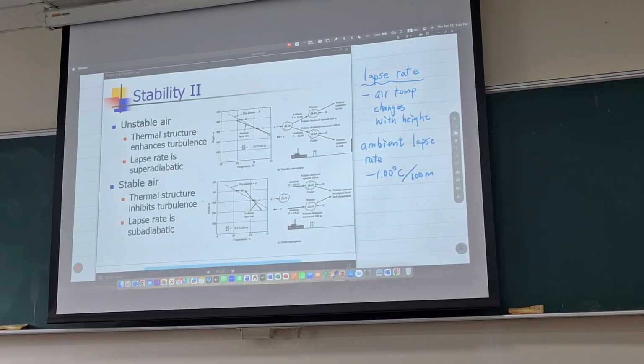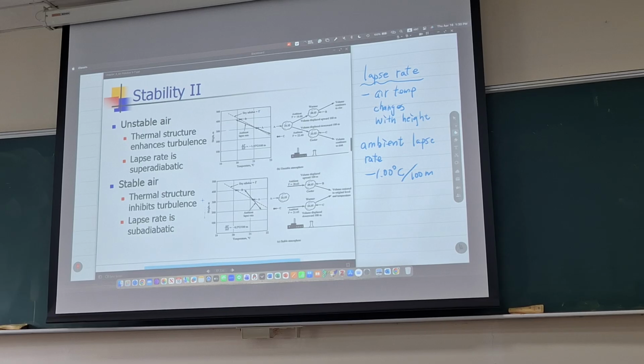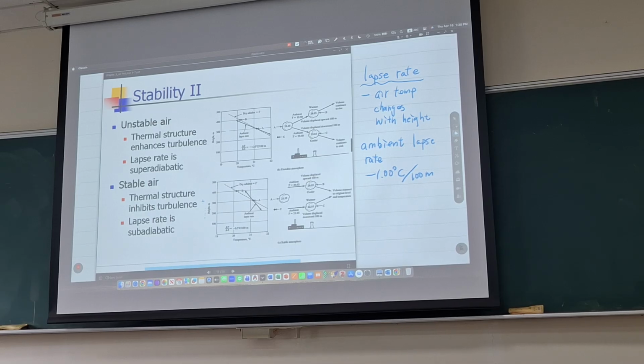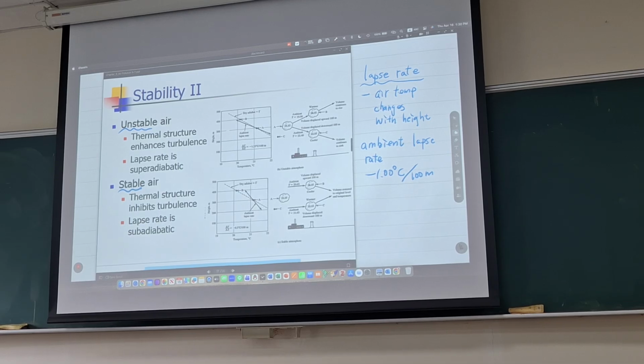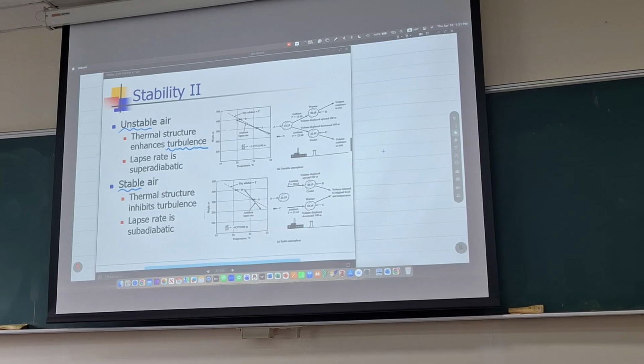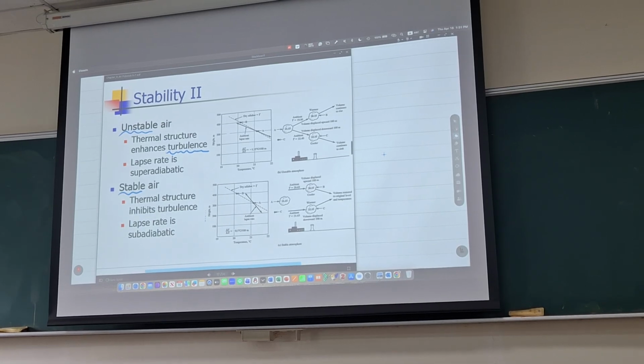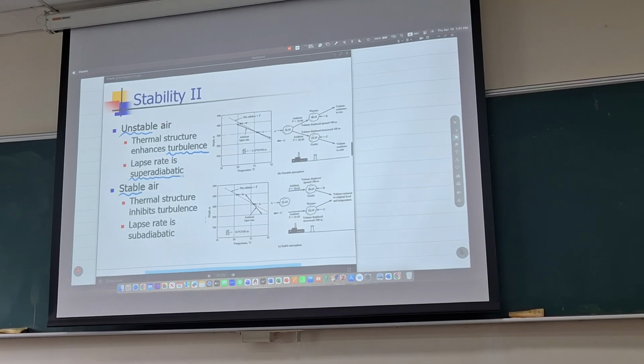So next slides, I'm going to talk about unstable air. I would like to differentiate between unstable air and stable air. Okay, so in unstable air, the thermal structure enhances turbulence. Okay, let's highlight this. Let's underline this, the turbulence. Okay, and this happens with something called super adiabatic.